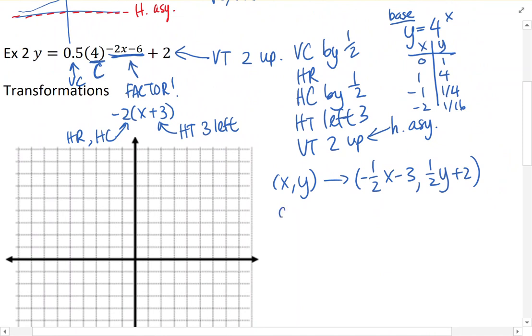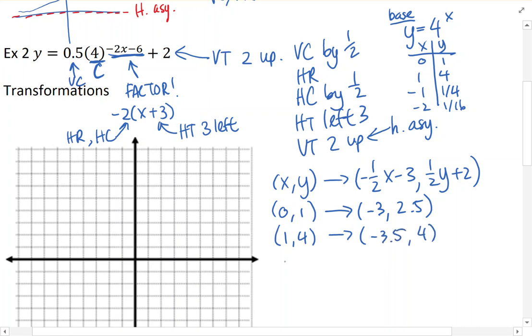We have (0, 1), which will basically become (negative 3, 2.5). We have (1, 4), which will become (negative 3.5, 4). We have (2, 16), which is (negative 4, 10).